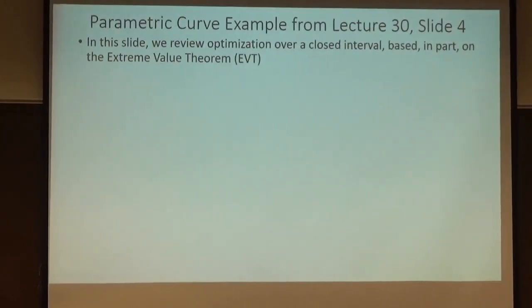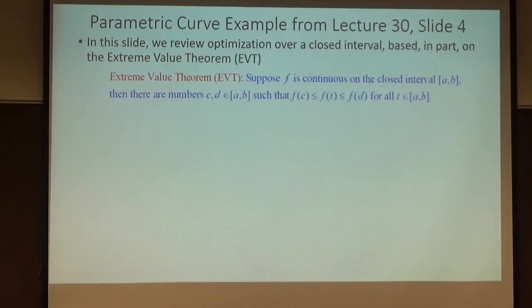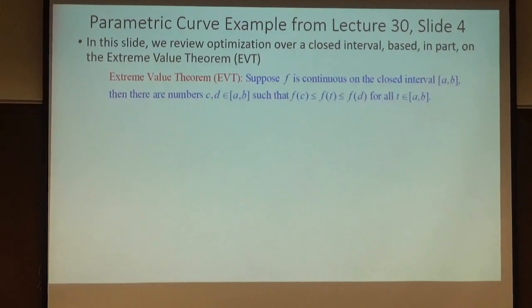I also wanted to briefly review optimization on closed intervals. So this is a repeat. In fact, I quizzed you about this before. It's related to the extreme value theorem, which I'm reviewing as well.